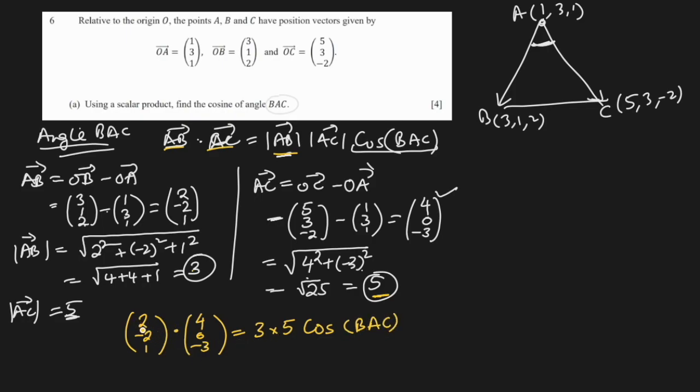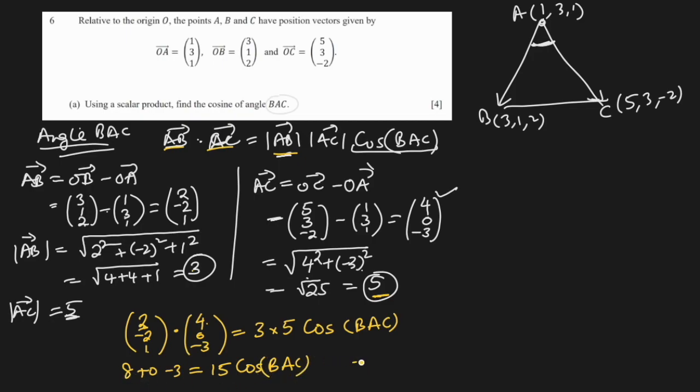So in dot product, x component multiplies with x component, so 2 times 4 is 8, minus 2 times 0 is 0, 1 times minus 3 is negative 3, equal to 15 cos BAC.